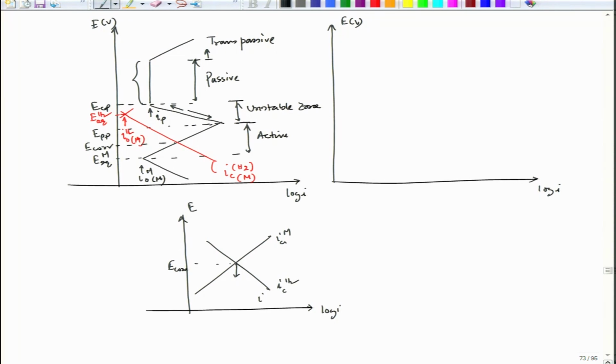If we take polarization below E corr, our plot would be like this, where this indicates I applied equal to IA minus IC, and this indicates I applied equal to IC minus IA, because in this case IC is more than IA and in this case IA is more than IC. We have to take the difference between these two currents. If we take the difference, our graph pattern would look like this.